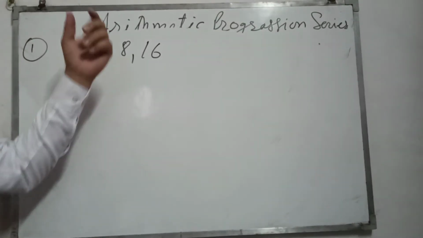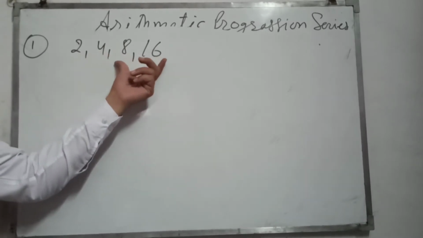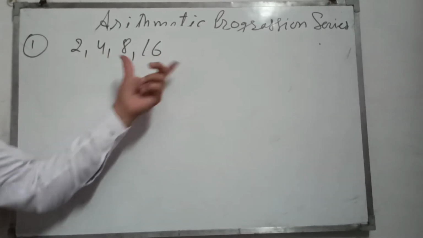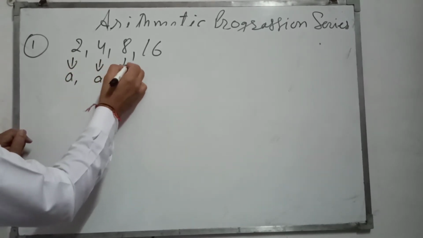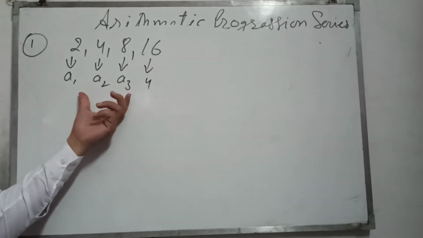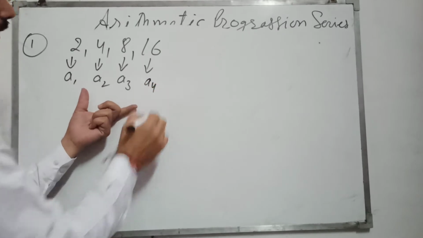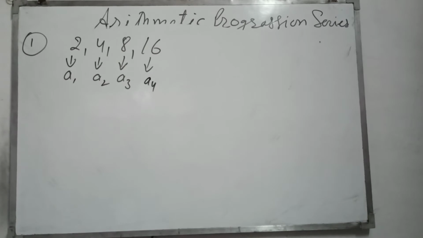So look at the first question. The question is 2, 4, 8, 16. We have to find whether this is an AP or not. So make it A1, A2, A3 and A4. Generally we have to check whether the fixed number between them is constant or not.